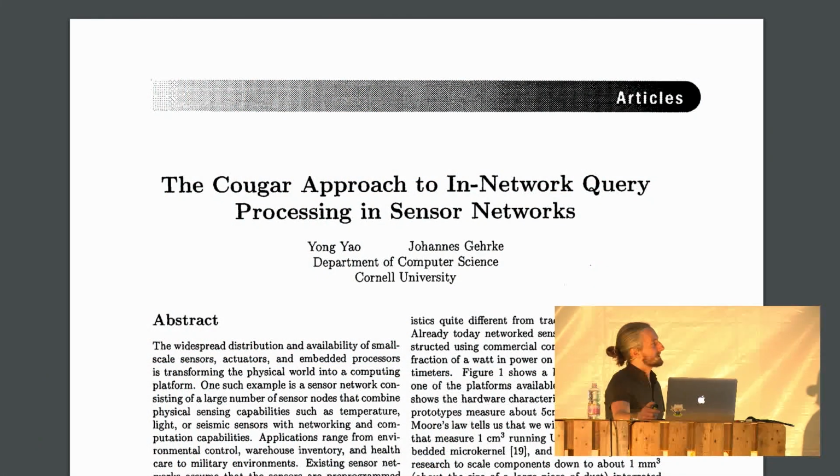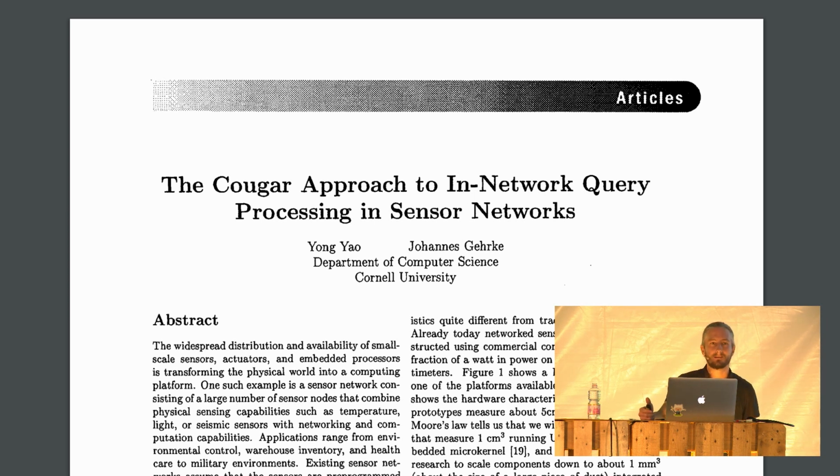But if we look back in time, this paper is from 2001. And it's describing an in-network query processing system for sensor networks. Essentially, it's trying to go, all right, I want to do joins and aggregates over my data, over these thousands of sensors, right? How can I do that without having to do all the computation in one single place?